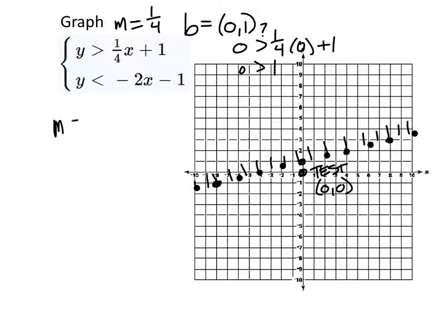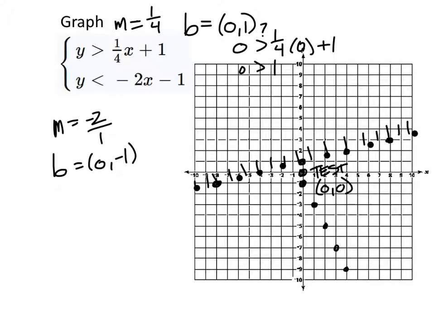So over the second one, I've got a slope of down 2 to the right 1, so I can make that a fraction over 1. And I've got my y-intercept at 0, negative 1. So starting at 0, negative 1, this point is still a dotted line, whatever. But I'm going to go down 2 to the right 1, down 2 to the right 1.